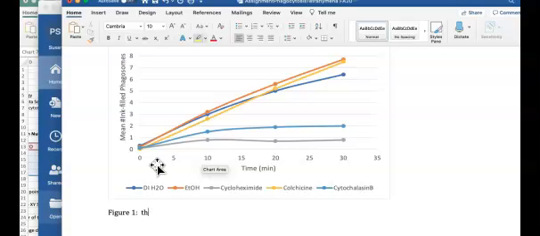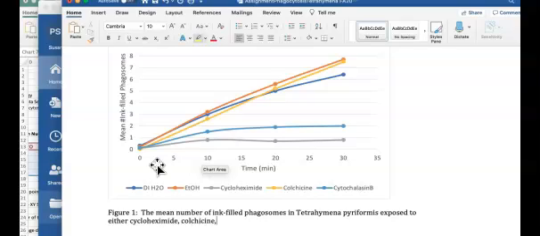This graph shows the mean number of ink-filled phagocytomes in Tetrahymena piriformis exposed to either cyclohexamide, colchicine, or cytocollagen B over a 30-minute period.